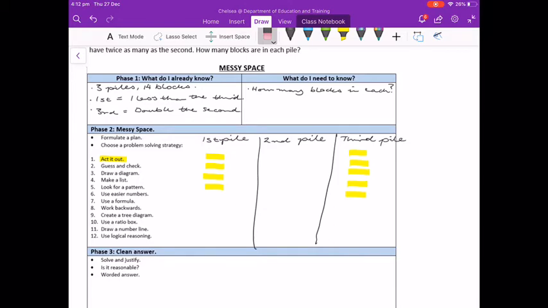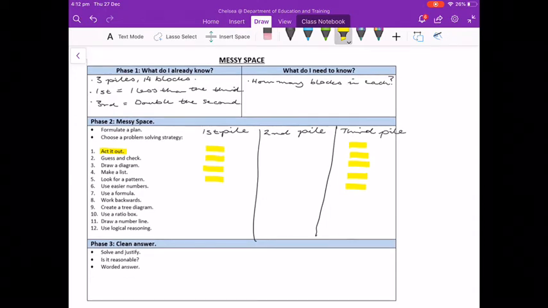Our second pile should be half the size of our third pile, which would be 2.5. So we have 4, 2.5, and 5, which is 11.5. So we've gone too small here. So let's do it again.